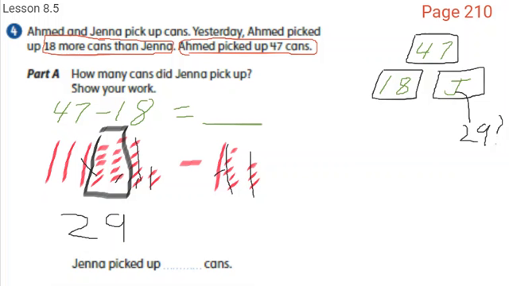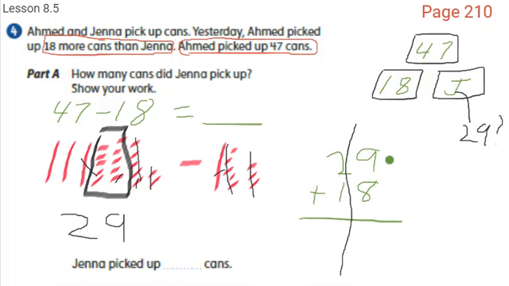How do you verify? Let's do that really quickly. I'm going to have 29 plus 18. Remember, I want to draw my line. We're going to do a partial sum. What's 8 and 8?